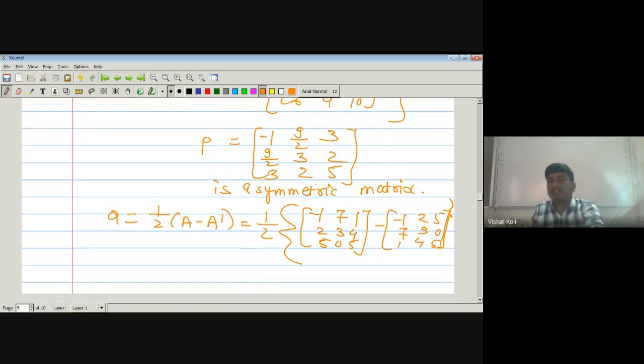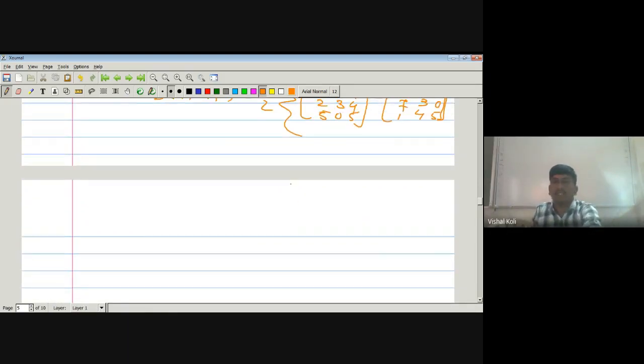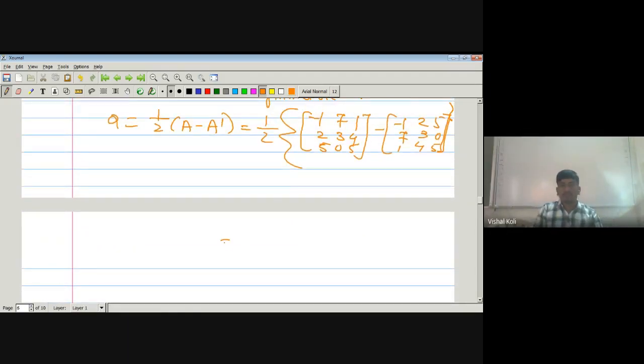Now subtract these two matrices. We get 1/2 of: -1 minus -1, which is plus 1, so -1 plus 1 is 0; 7 minus 2, 5; 1 minus 5, -4; 2 minus 7, -5; 3 minus 3, 0; 4 minus 0, 4; 5 minus 1, 4; 0 minus 4, -4; 5 minus 5, 0.